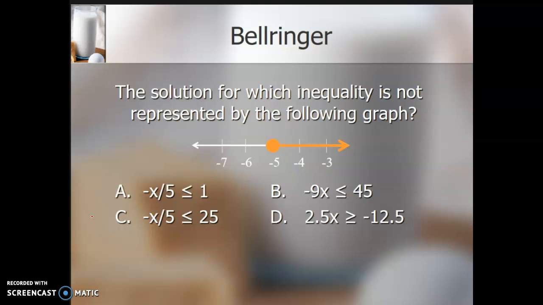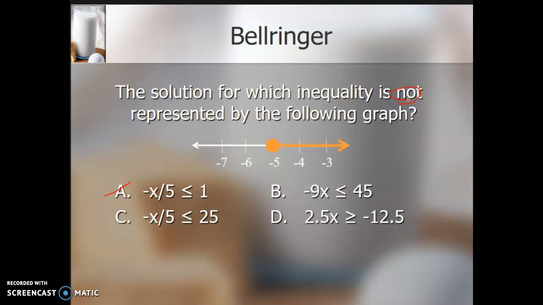Remember, when you have negative x divided by 5, you can apply the negative to the 5. So if you multiply both sides by -5, we flip the sign when we multiply by a negative. So it would be x is greater than or equal to -5. So A is correct, and we're looking for the one that's not.